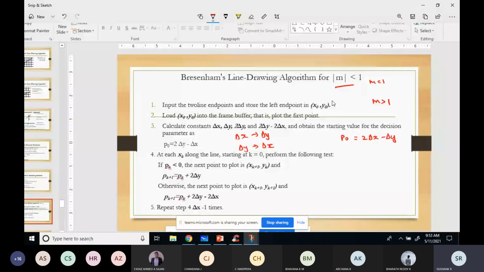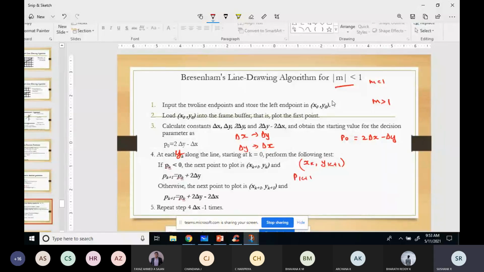Then at each yk along the line, starting with k equal to 0, if pk is less than 0, the point will be xk comma yk plus 1. Here you are moving along y.